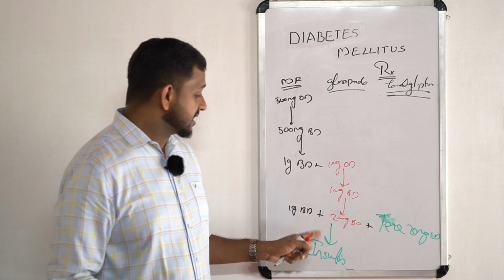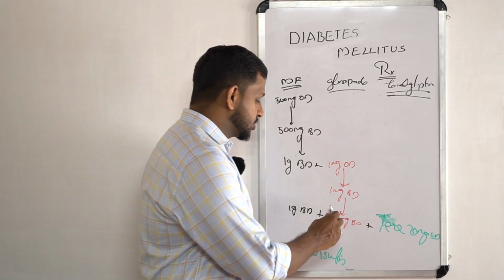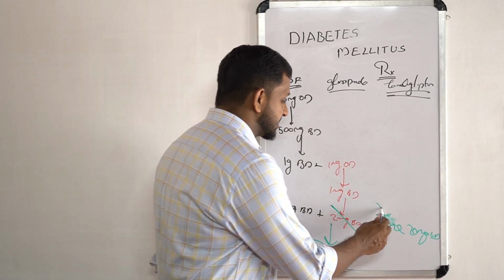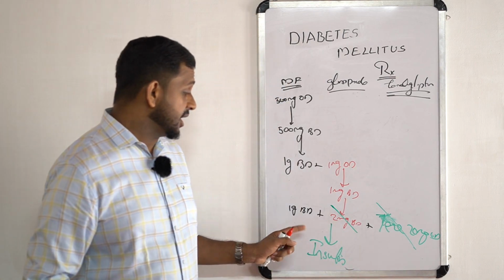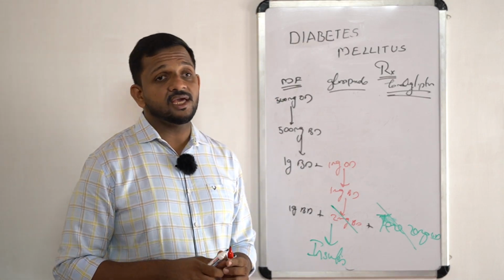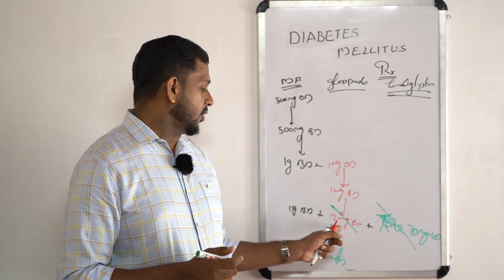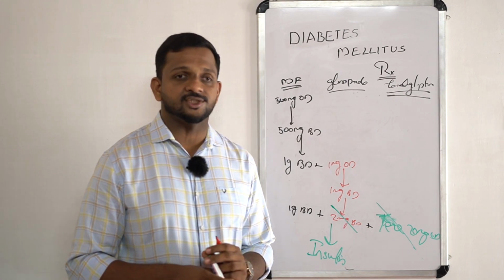When we are starting insulin, we should stop OHAs, mainly sulfonylureas, and we can continue metformin. Metformin we usually continue, but all other OHAs we usually stop.